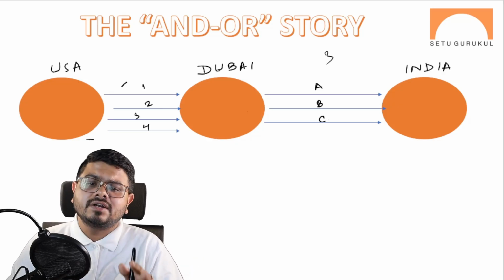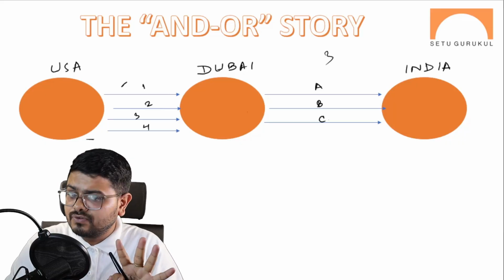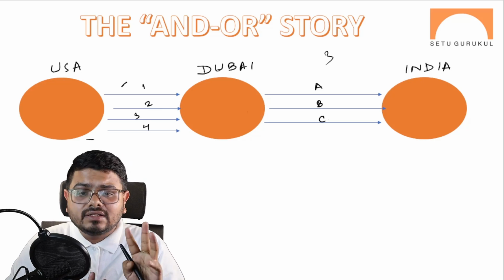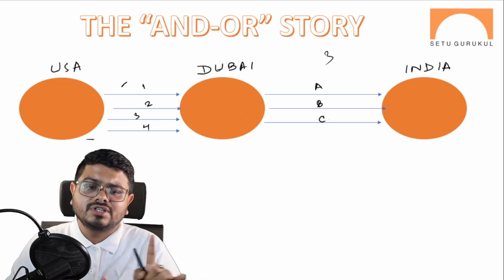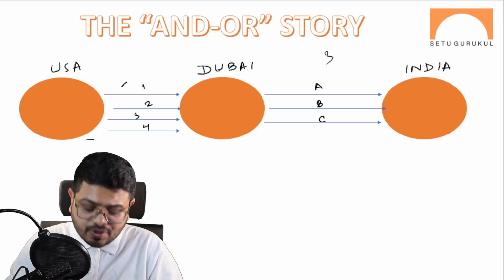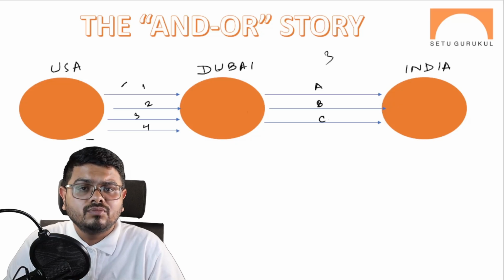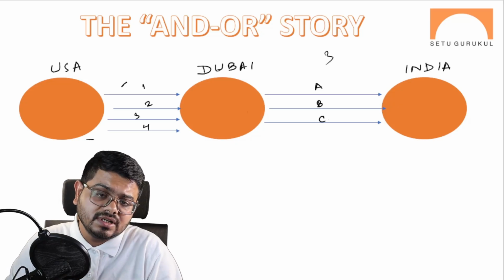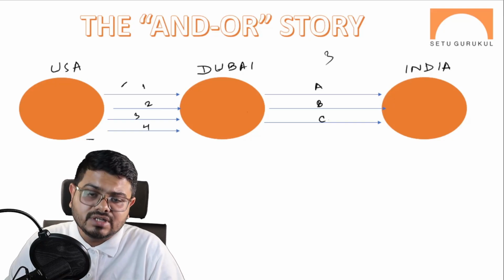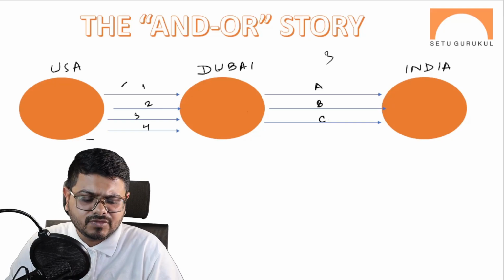And in this entire setup, he has the option of four different flights which can take him from USA to Dubai, and three different flights which can take him from Dubai to India. The question here is: what is the total number of pathways the person can take from USA to reach India?